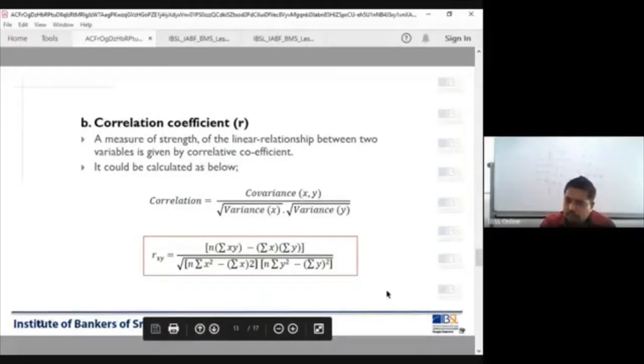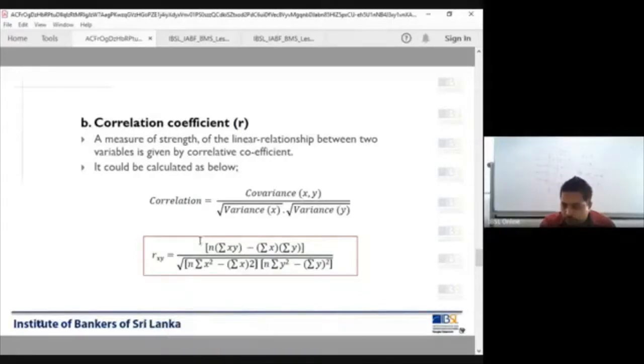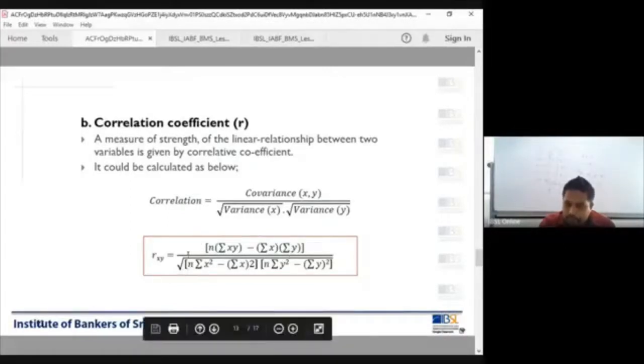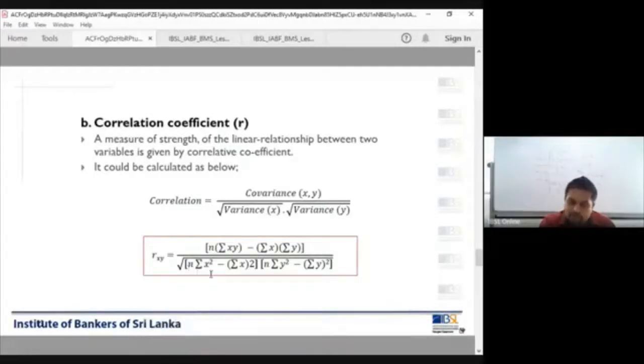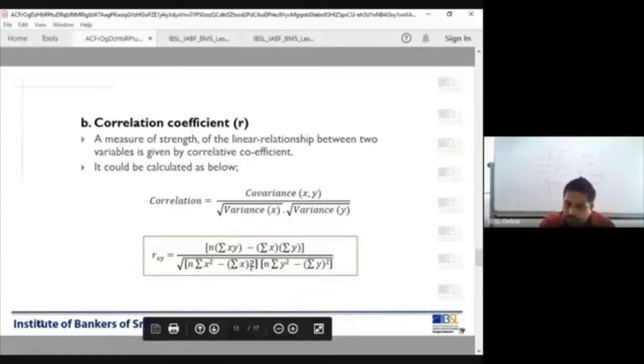But if you just look at the formation, forget about the top part for the moment. On the bottom part, what you could see is that you have the root of n sigma x squares minus sigma x. This 2 should be in superscript form.